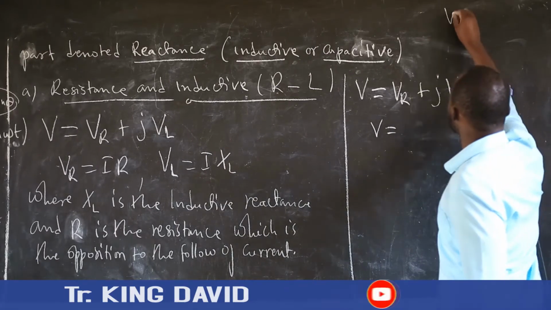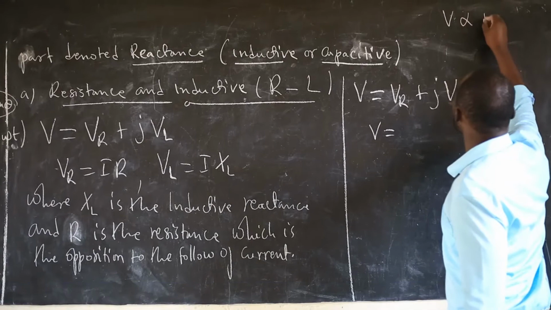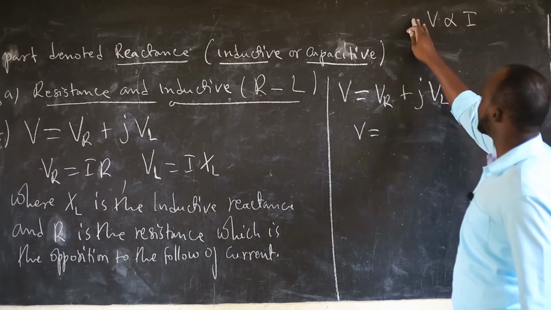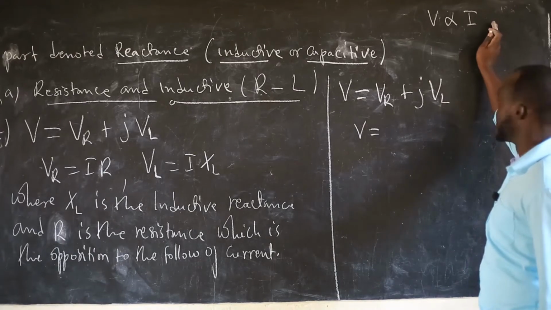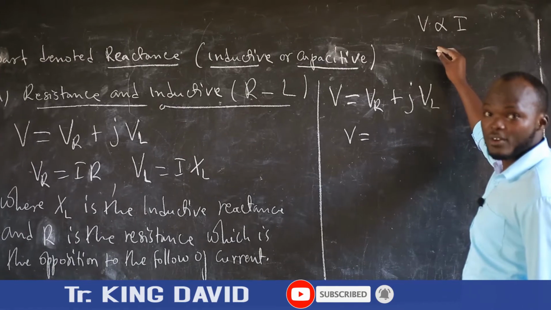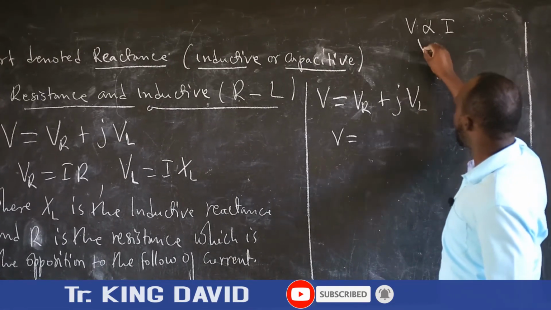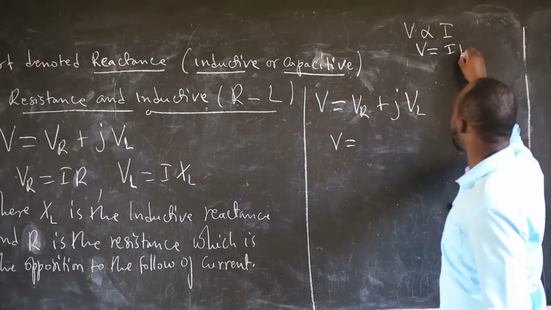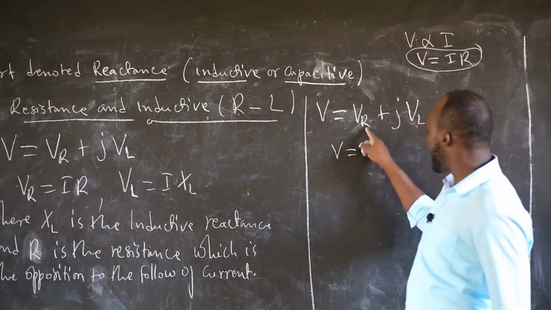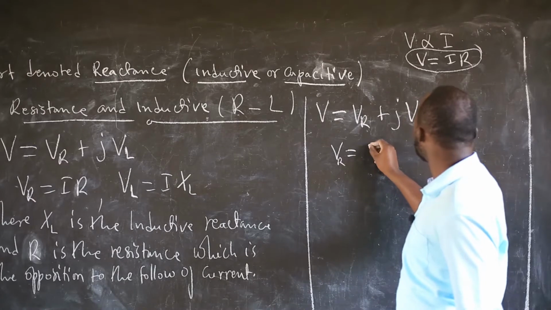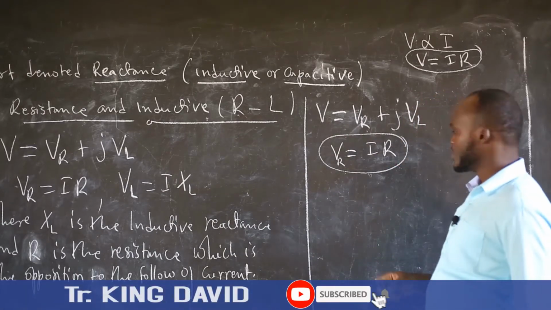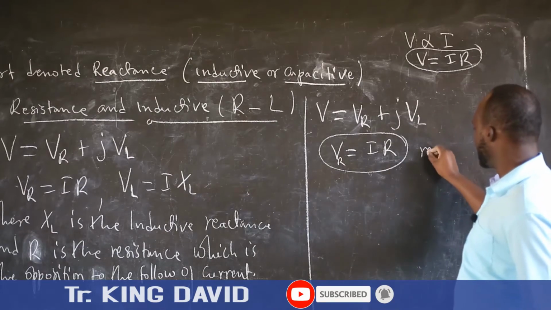So when the voltage increases, the current also increases. To remove this proportionality, we introduce a constant R. So now V is IR, so VR equal to current times resistance.